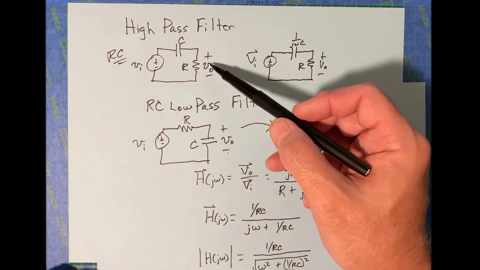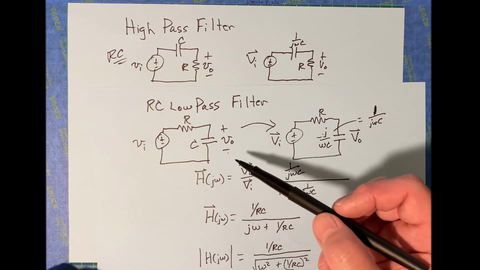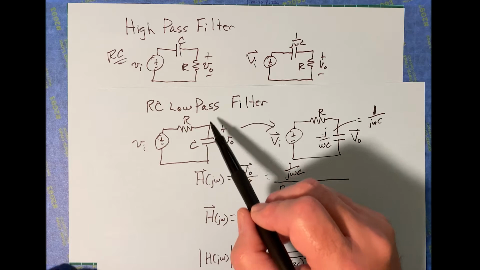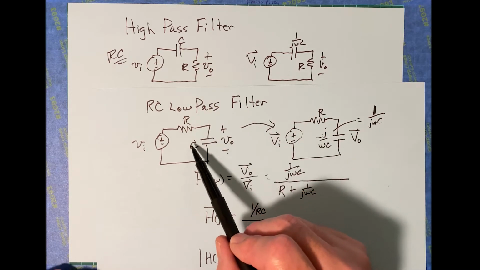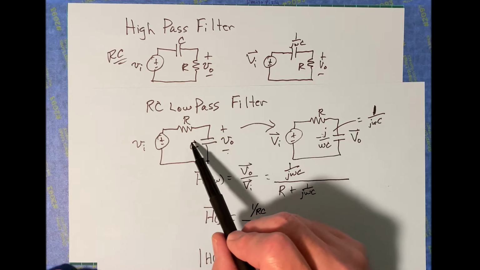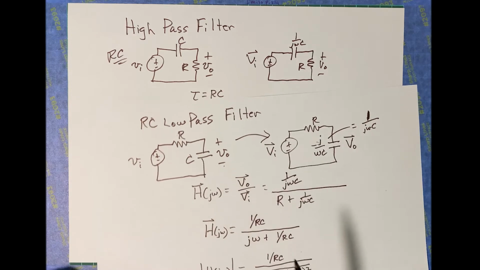Well, this is the same problem here, except now rather than taking the voltage across the capacitor, we're taking it across the resistor. Okay, so taking the output voltage across the capacitor gives you a low pass filter, while taking it across the resistor will give you the high pass.